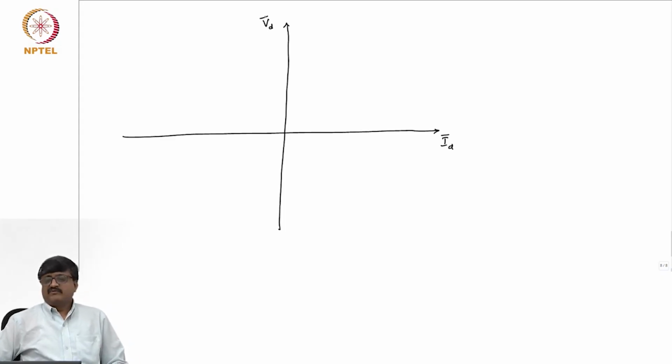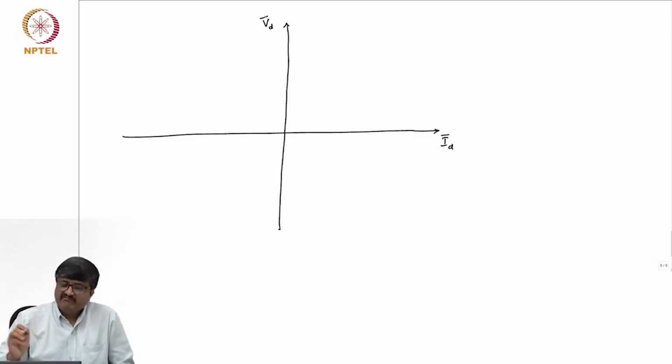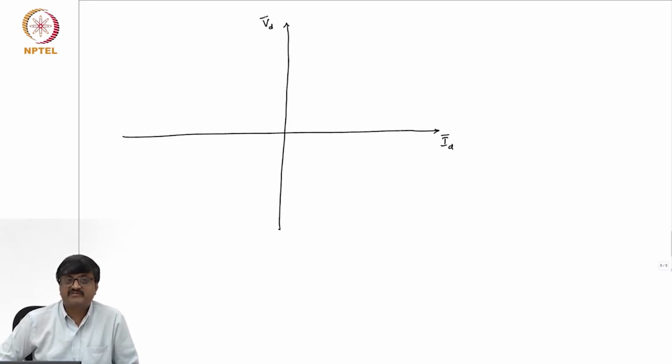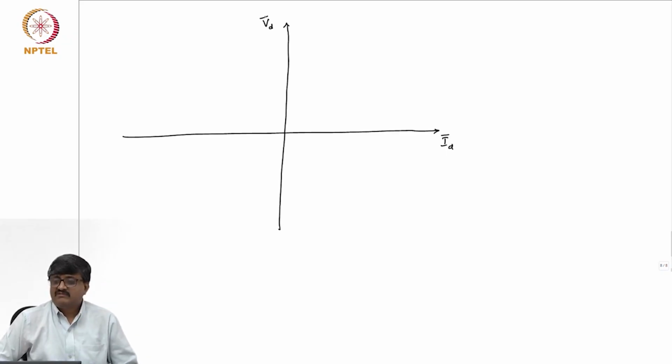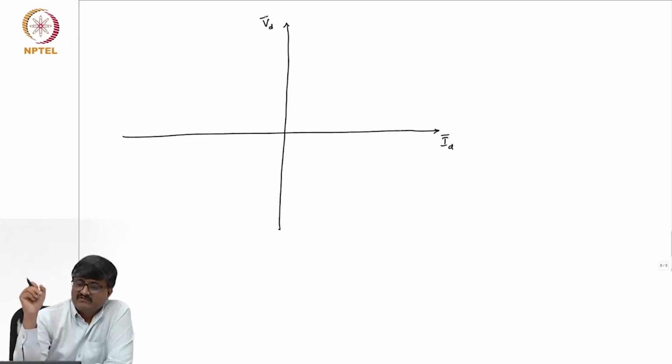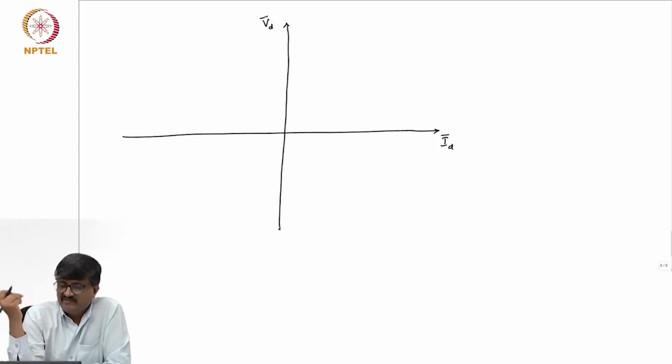So the question is, can I have operation in all the four quadrants? By all four quadrants, what I mean is, can I have VD positive as well as negative? Can I have ID positive as well as negative?